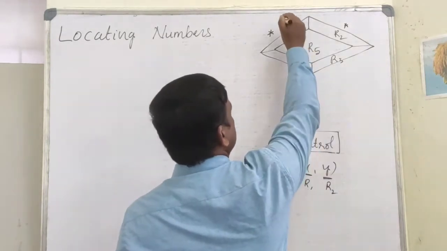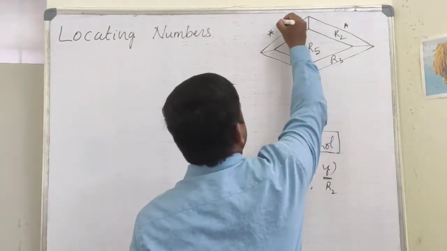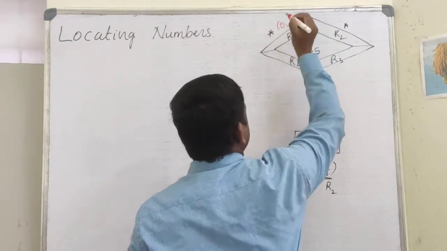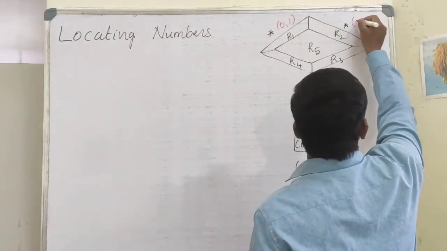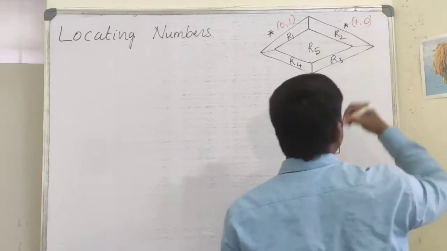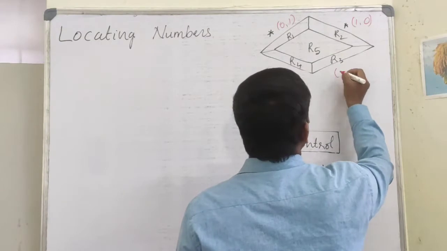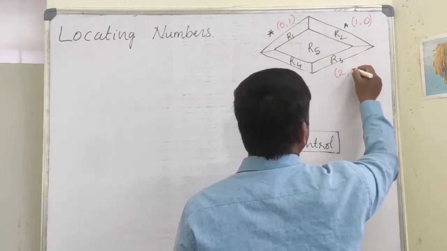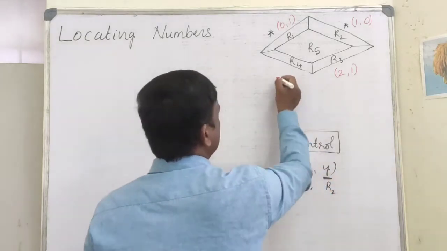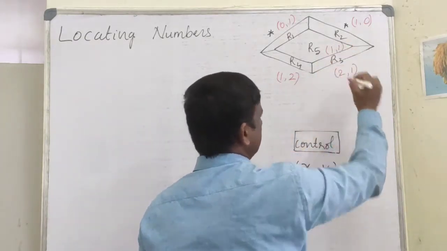So here the code will be 0 comma 1, and the code here will be 1 comma 0. The code for room R3: the distance from R1 to R3 is 2 and the distance from R2 to R3 is 1, so 2 comma 1. Then this one will be 1 comma 2, and this one will be 1 comma 1.